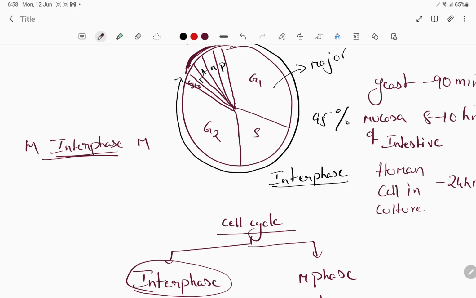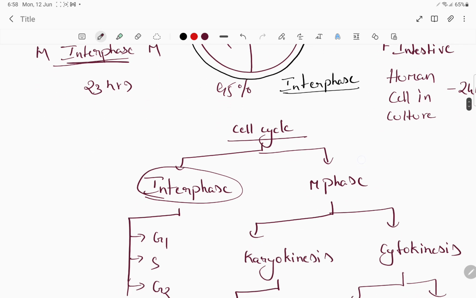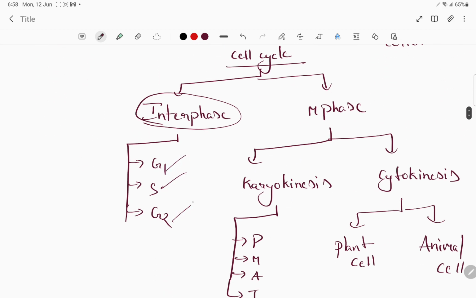If you take a human cell, of 24 hours, 23 hours is interphase only, which is 95% of the duration of the cell cycle. It is again divided into phases G1, S, G2 and G0. We'll see what is G1, what is S, what is G2, and technically what G0 is.